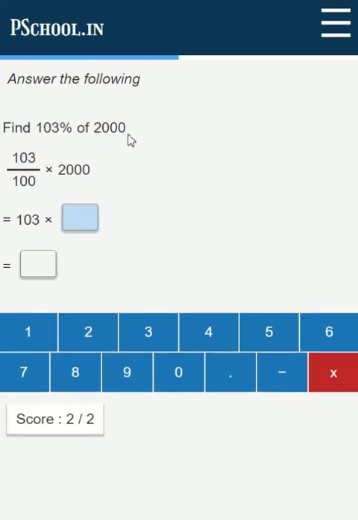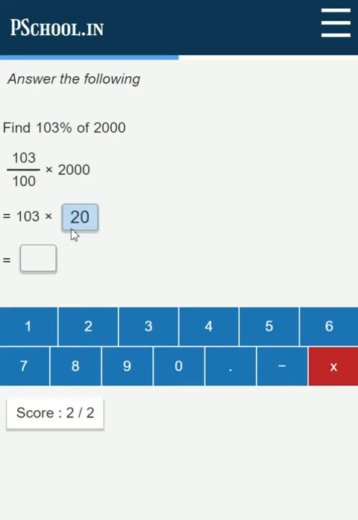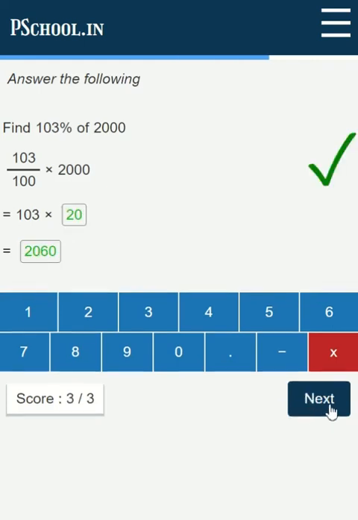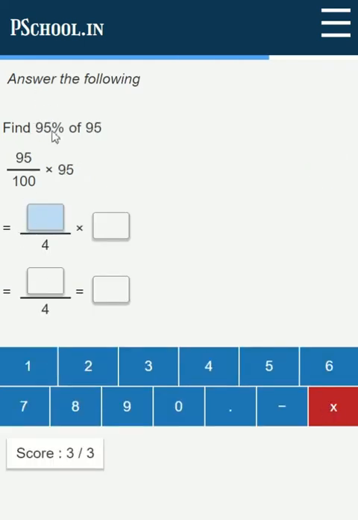103% of 2000. So 103 by 100 into 2000. So 2 zeros cancel out. So we get 20. So if you multiply 103 with 20, we get 2060. 95% of 95. So like we can divide both 95 by 5.